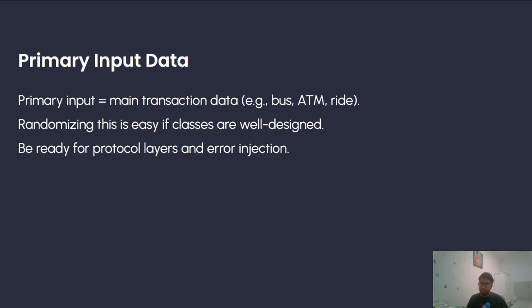Primary input data. This is the kind of randomization most people start with. Input data like a bus transaction or ATM cell. It is pretty easy if your transaction classes are structured well.